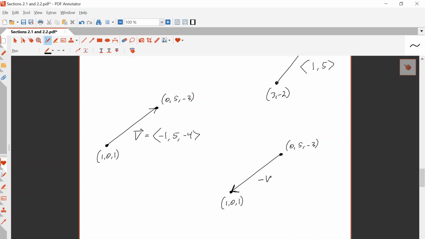So this becomes what's known as the vector negative v, which is 1 minus 0, positive 1, 0 minus 5, negative 5, and then 1 minus minus 3 is positive 4. So whereas this is negative 1, 5, negative 4, this is 1, negative 5, positive 4. And that's known as the vector minus v.